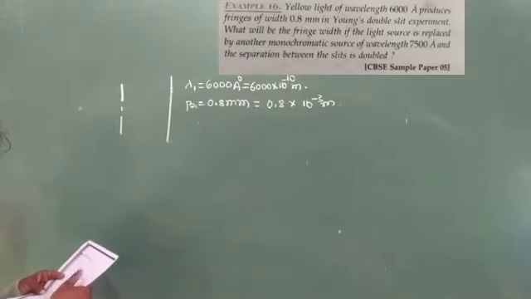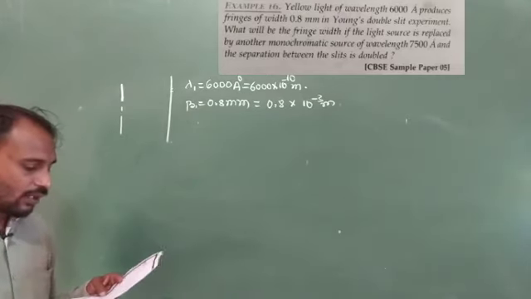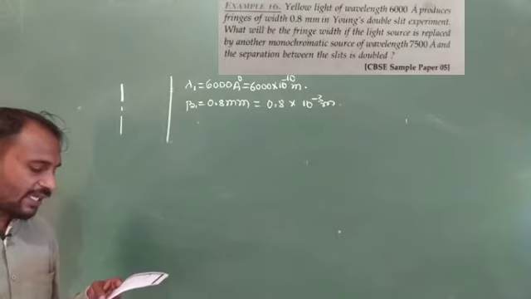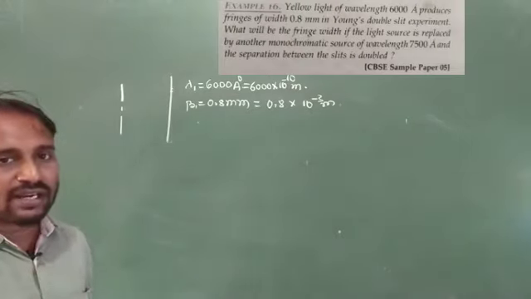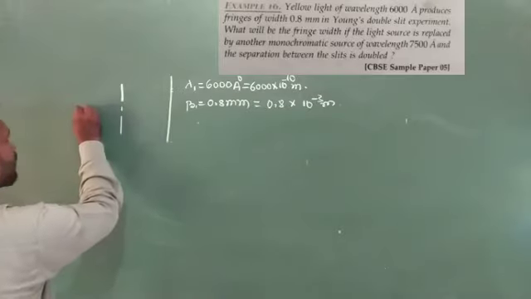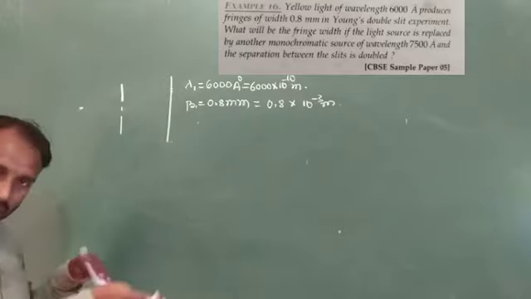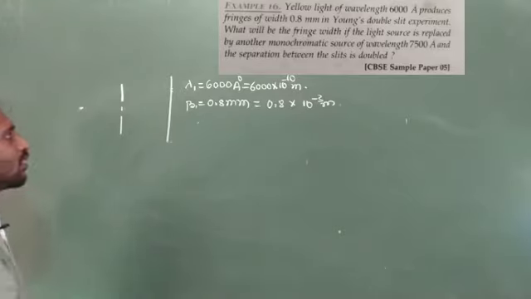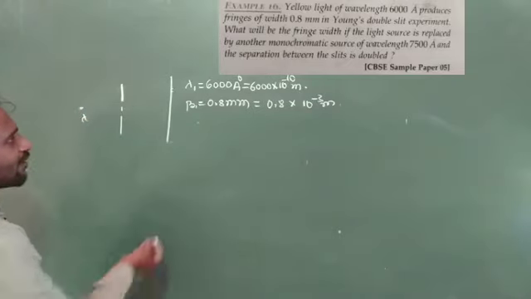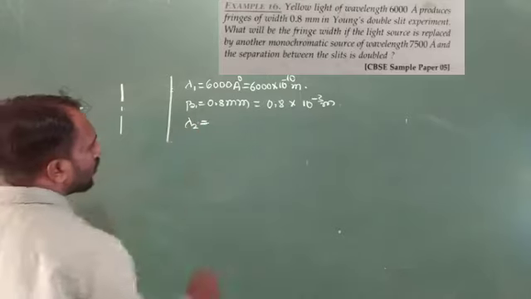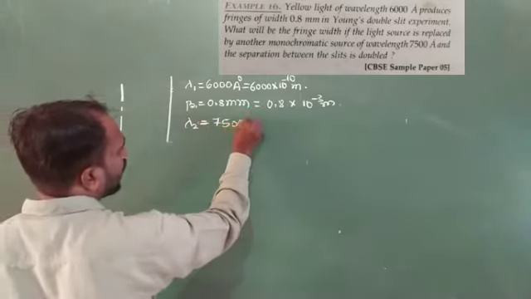what will be the fringe width if the light source is replaced by another monochromatic source of wavelength 7500 angstrom. Suppose we replace this yellow light with another light, we consider that this wavelength is 7500 angstrom.